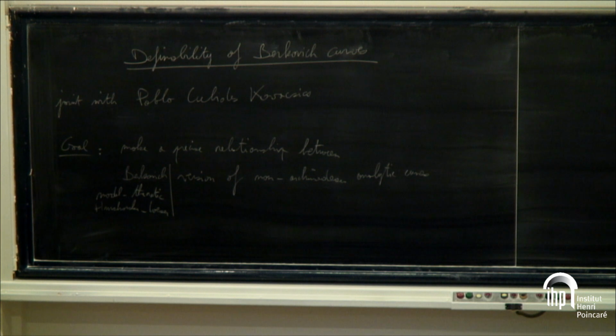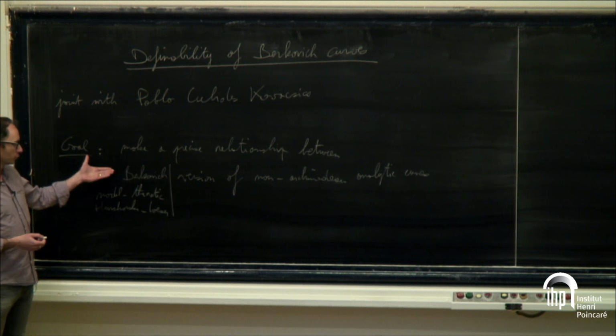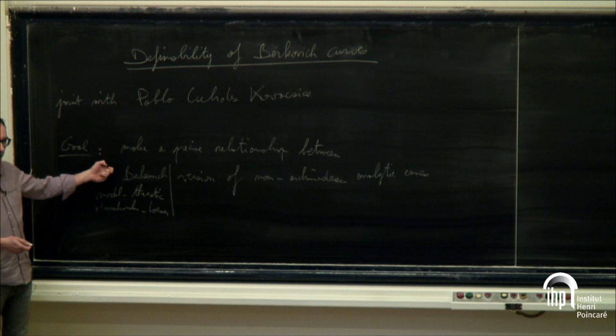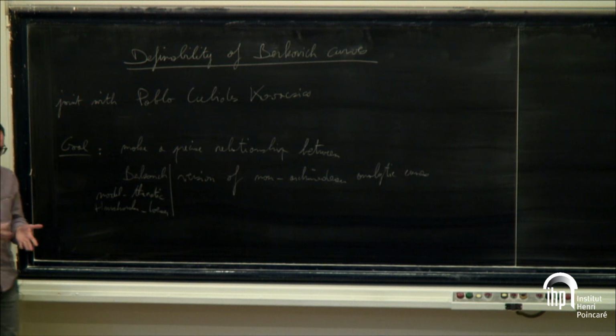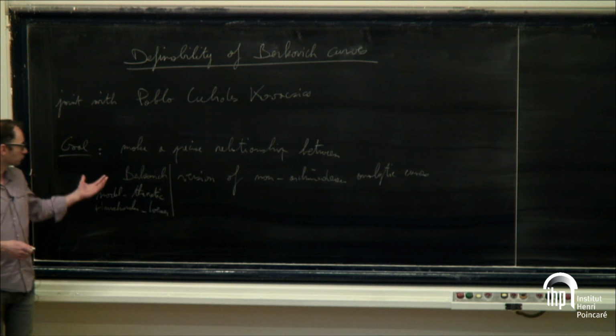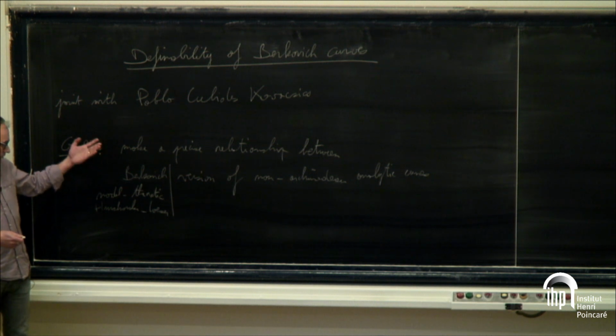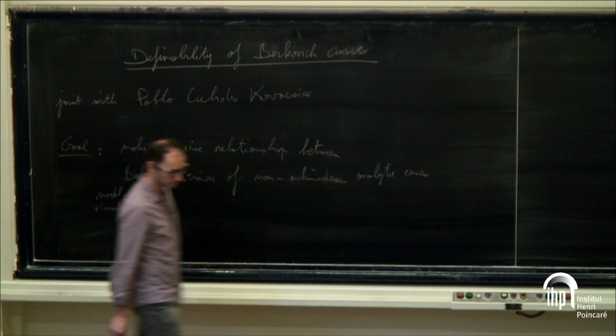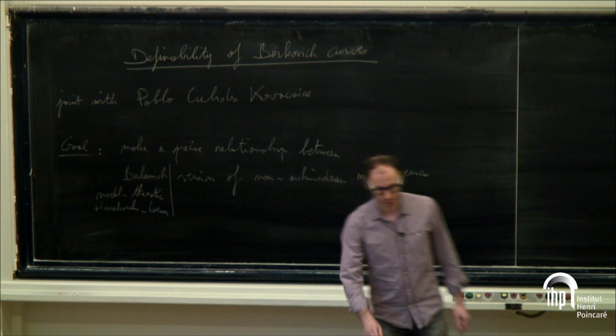I will recall a few things about it later. This would be a first question, and you could also try to go the other way around. There are some tools we use in the Berkovich setting, things like residue curves and reduction maps and so on. Can you say something about them? Can you define them, for instance, in the model-theoretic setting? So that's the kind of thing I want to do.